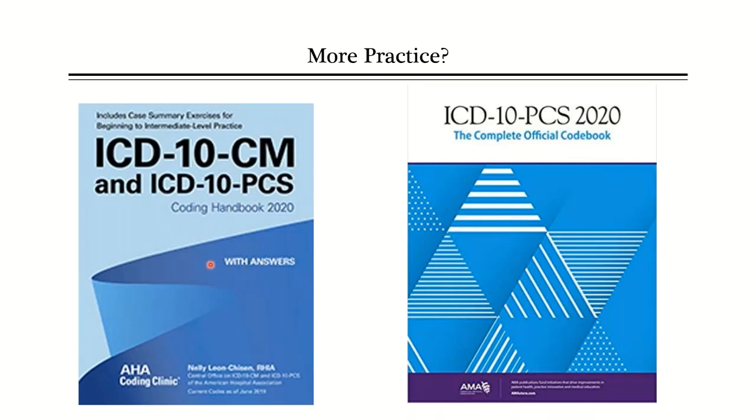Get the version with the answers because you need to know if you're right or wrong. And finally, in your ICD-10-PCS book, the AMA version, the Optum version, and most versions, even the AAPC version, they have additional coding exercises or lots of coding practice. In this version, AMA, it's in Appendix K.